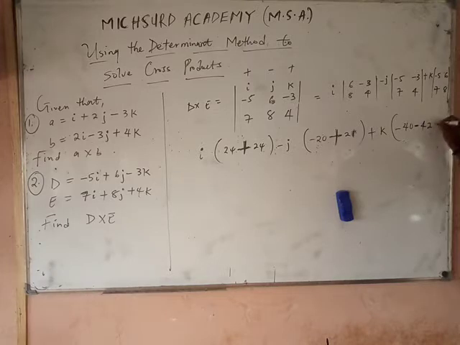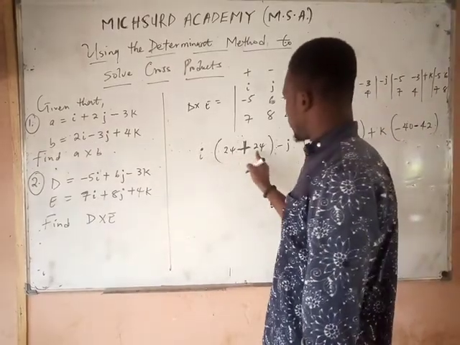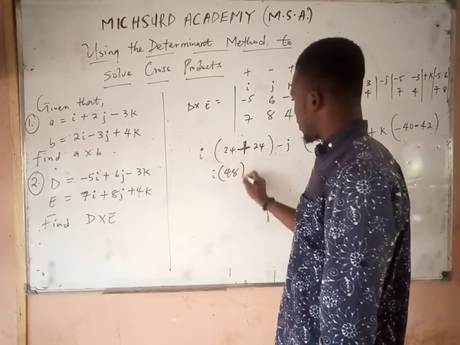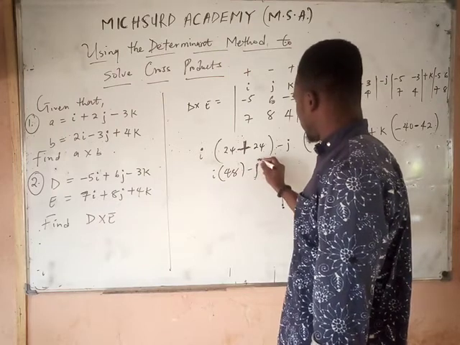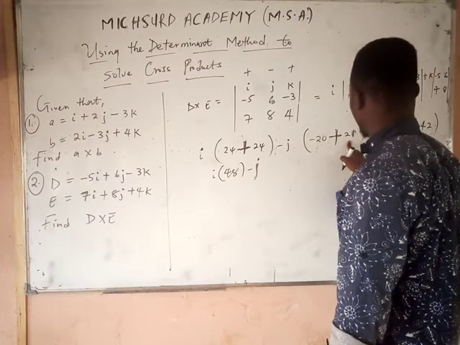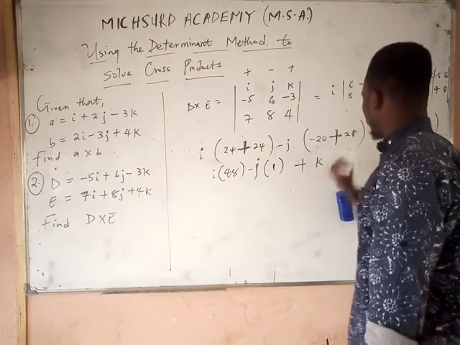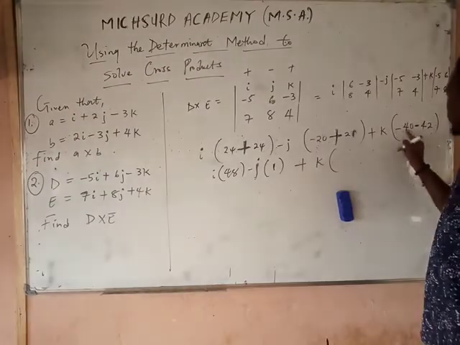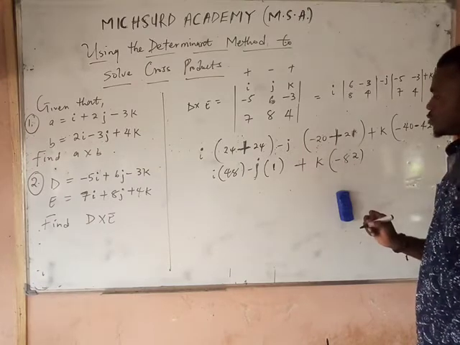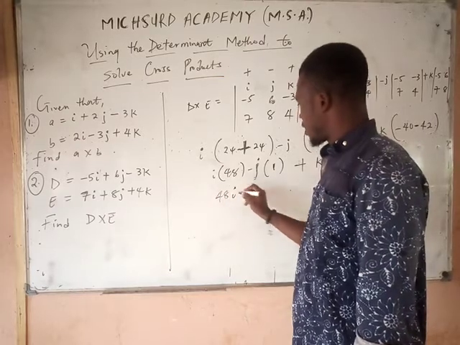Alright, so this will be 24 plus 24 is 48, right? Then we have minus j. Then here we have minus 20 plus 21 will give us 1. Then plus k. We have minus 40 minus 42 give us minus 82.